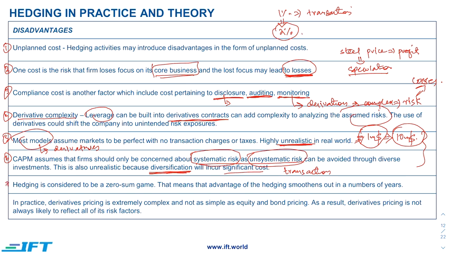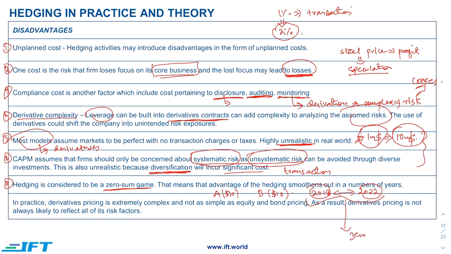Now, next point is that hedging is considered to be a zero-sum game. By zero-sum game we mean that if there's a party A and there's a party B, if party A is gaining $10, party B will be losing $10. Or, in a sense, if you are managing it from 2018 to 2022, if you are making a profit here and a loss here, the combined position that you will have during this particular year will be zero.